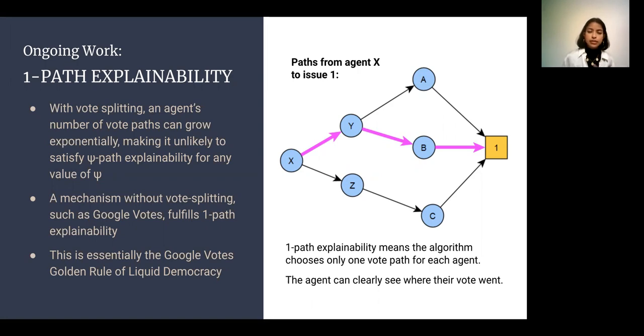So it's very unlikely we could have a mechanism that satisfies PSI-path explainability for any value of PSI, because at a larger scale there will be much higher numbers of vote paths for each agent. So we're going back to the Google Votes golden rule of liquid democracy: if you send one vote down one path, it's easy for the agent to see exactly where their vote went and what it resulted in.